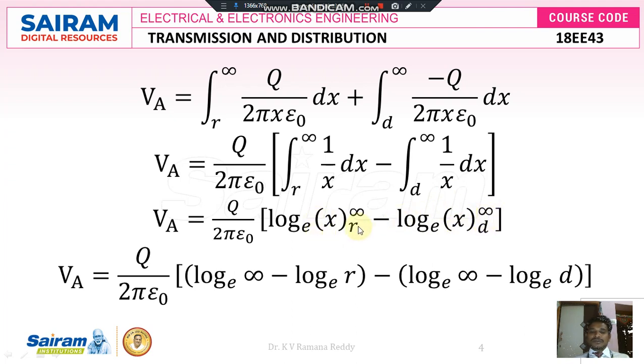Now I substitute infinity and r in place of ln x here, and infinity and d in place of ln x there.